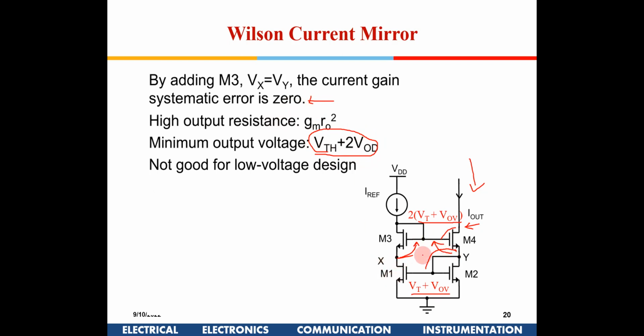Because from here to here and here to here, if I remove 1 VT plus VOV, from here it is 2 VT plus VOV. So these two gate voltages are the same. From here to here 1 VT plus VOV will be dropped, here to here also it will be dropped, and the same thing will be dropped here. So there is no systematic error, but the minimum output voltage has gone high.